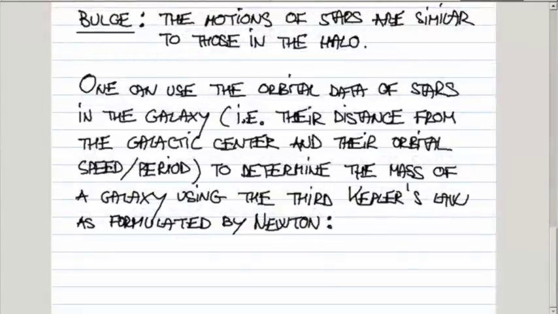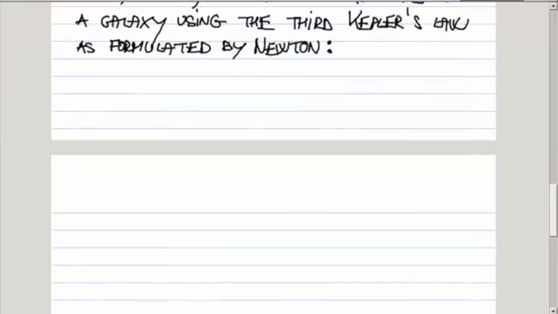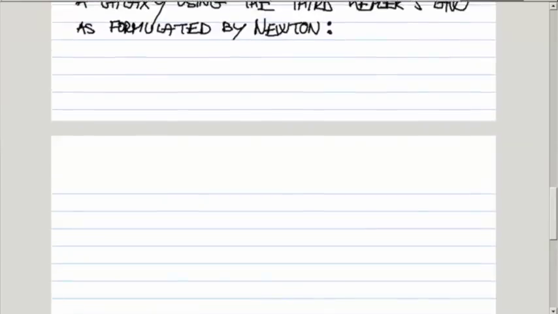Okay, let me just remind you of what is involved. It's really simple. You combine the second Newton's law of motion with his law of gravity, and you can actually see what is the correlation between the mass that is forcing a body to revolve around it and their distance and the orbital speed. So let's just review this quickly.